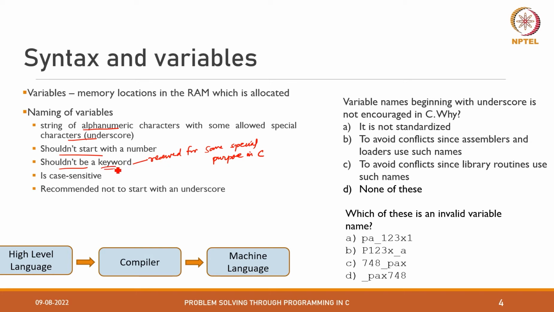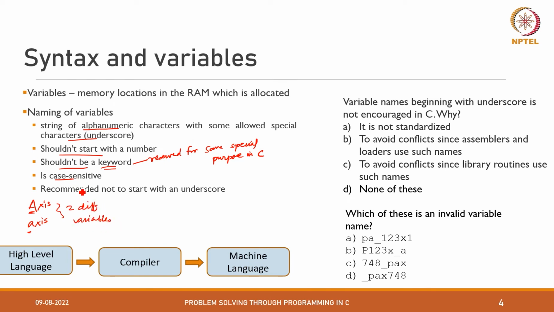Now the next point is that it's case sensitive. What does case sensitive mean? Say I write this as a variable and I write this as a variable. Both are different variables. This has a capital A, this has a small a, because being case sensitive means that these are two different variables.